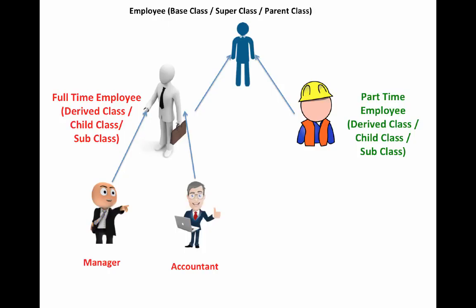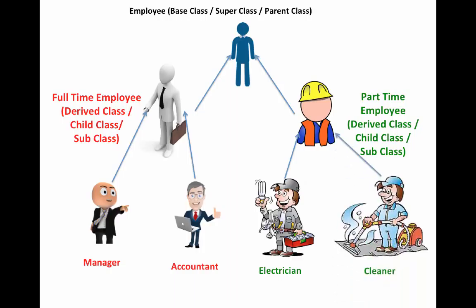So manager and accountant are created from full-time employee, and full-time employee is created from employee. Same way, we could have an electrician and a cleaner who are derived from part-time employee, which means the electrician and cleaner have a name, job title and salary. In addition, they also have hours worked and hourly rate. And in addition, electrician and cleaner can have their own data members.